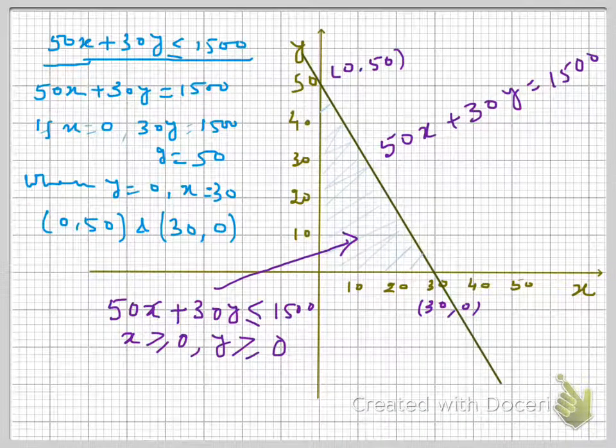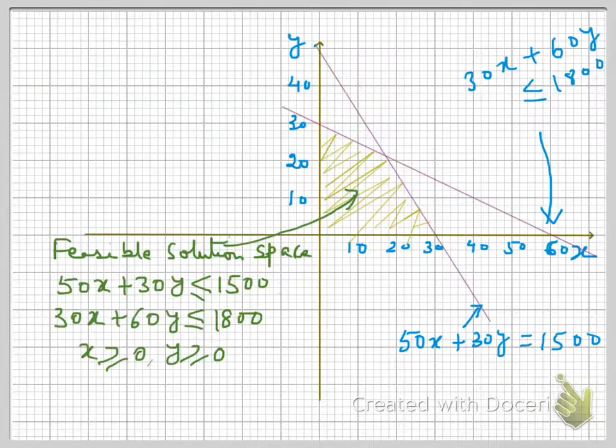So this space which you are seeing here satisfies these constraints 50X plus 30Y less than or equal to 1500 and X greater than or equal to 0, Y greater than or equal to 0. We need to take care of another constraint which is being posed by raw material 2. Here you see that the second constraint also has been incorporated.